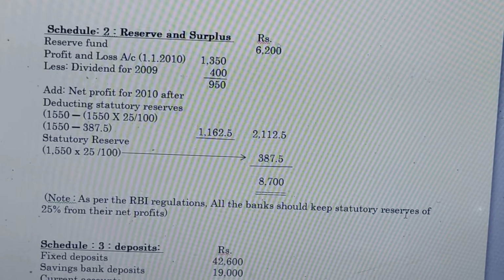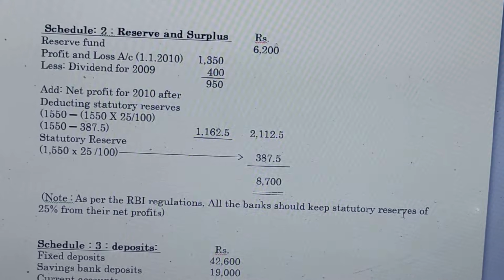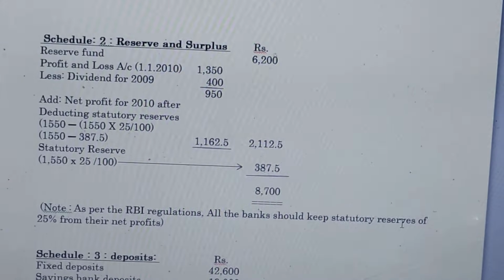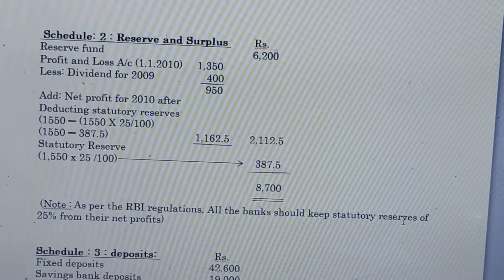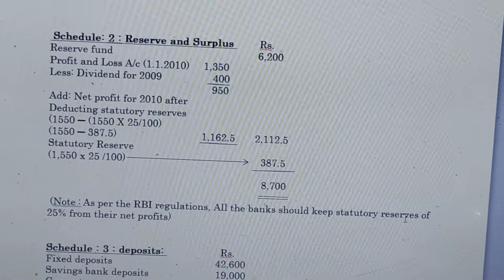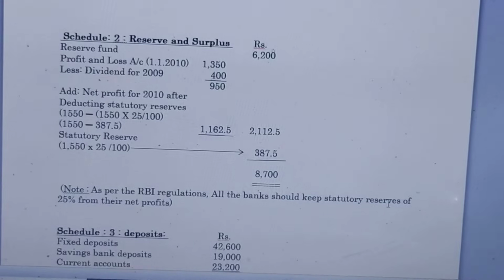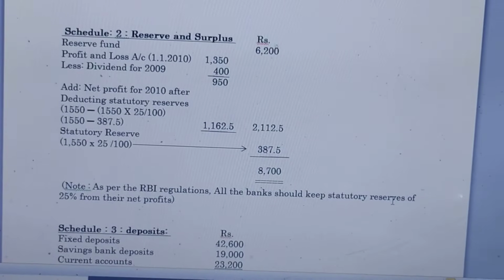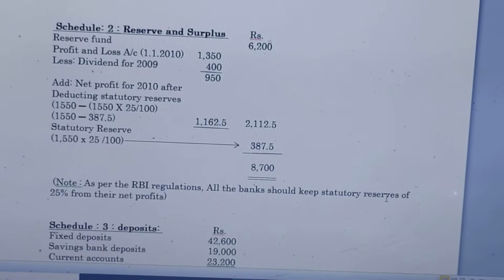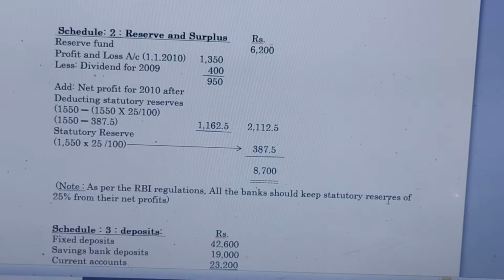Then we add all the outer column amounts: 6,200 plus 2,000 plus 2,112.5 plus 387.5. We get the total amount of 8,700. So schedule number 2 total is 8,700.